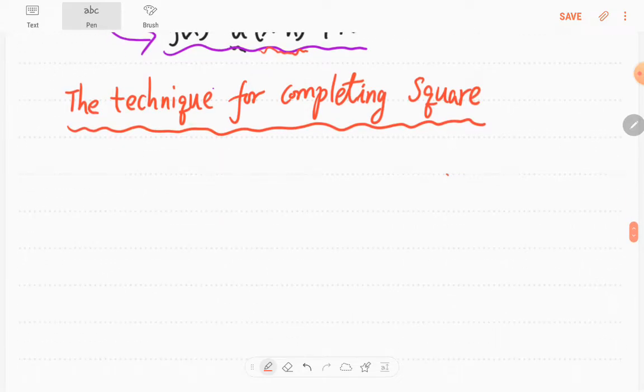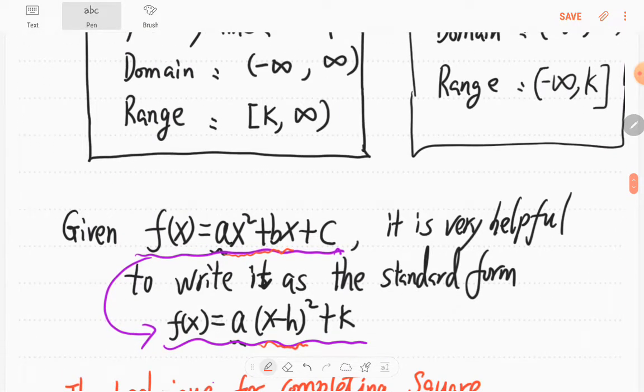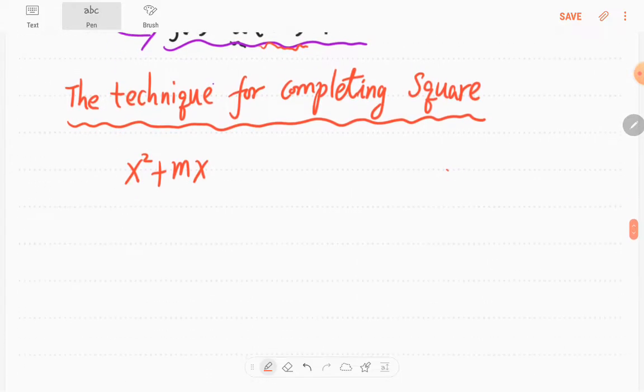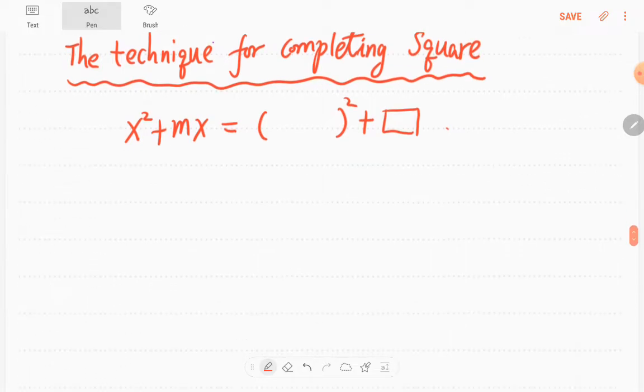Before that, let's look at x squared plus mx. These are the first two terms of the quadratic function. We want to write this as something squared plus some number. This is called the completing the square technique. So how do we form this square?